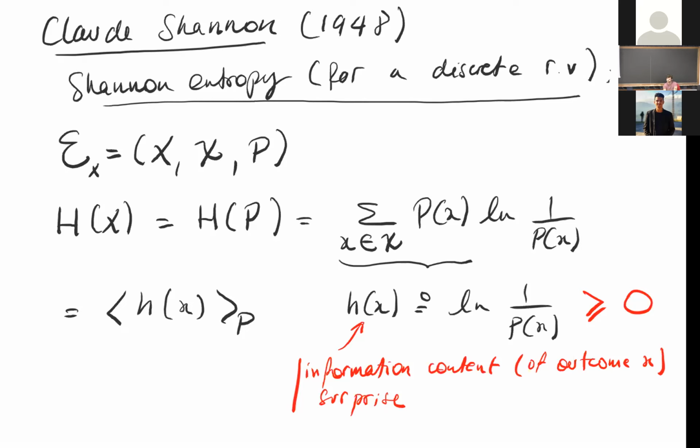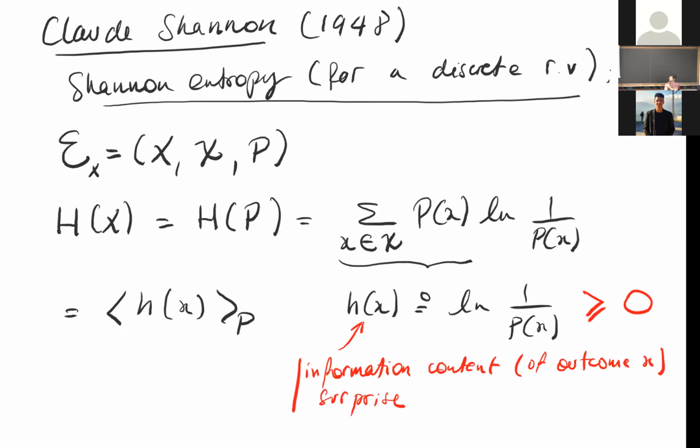So we were placing ourselves after the observation of the outcome of the random variable. But if you place yourself before the observation, then the natural interpretation is in terms of a measure of uncertainty.